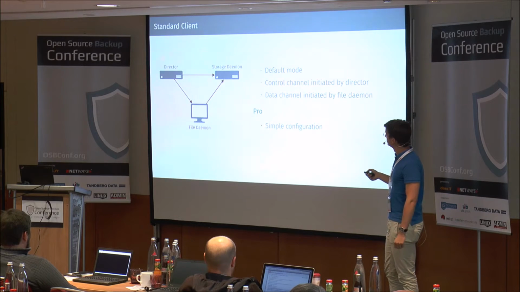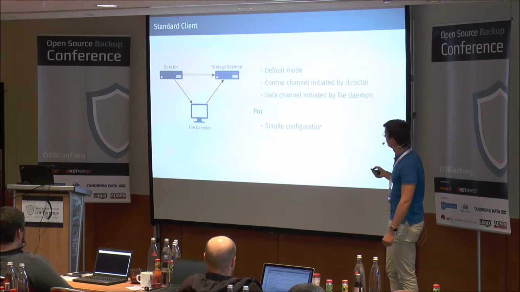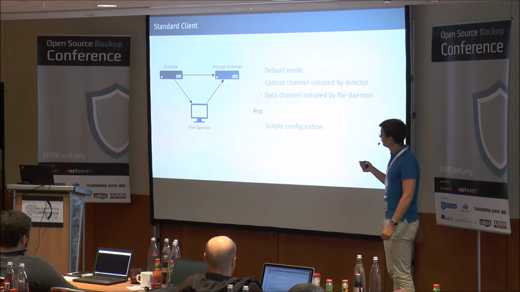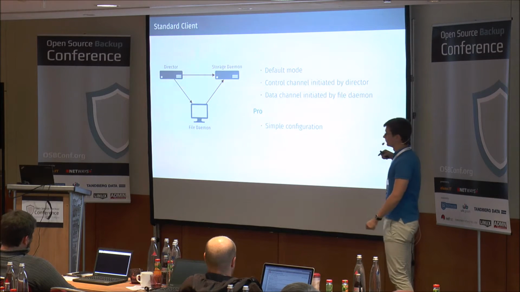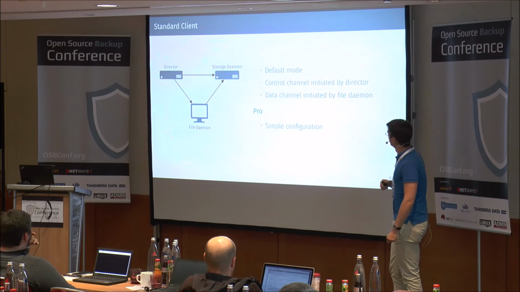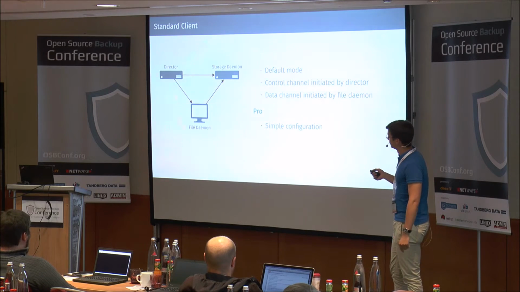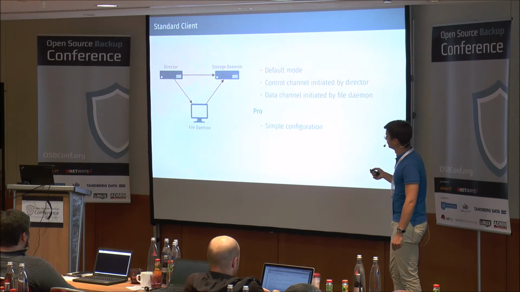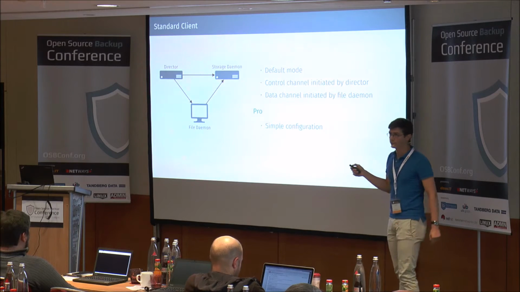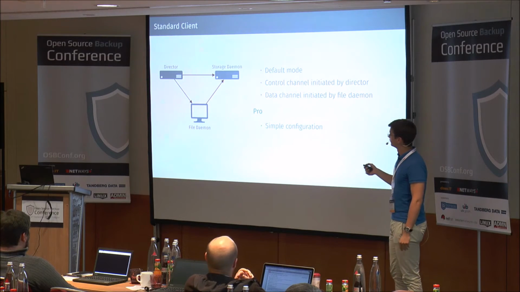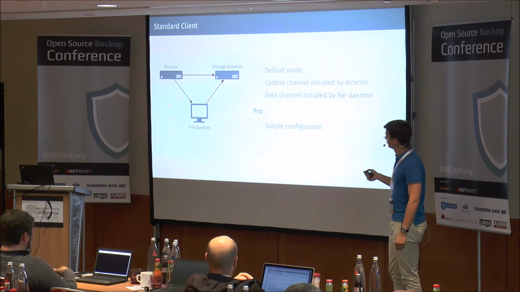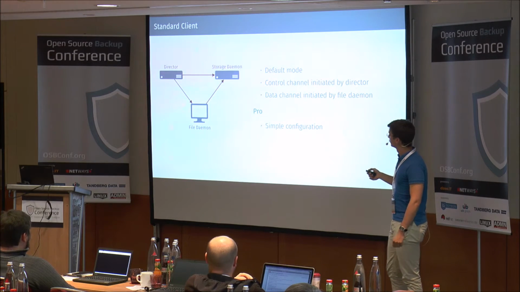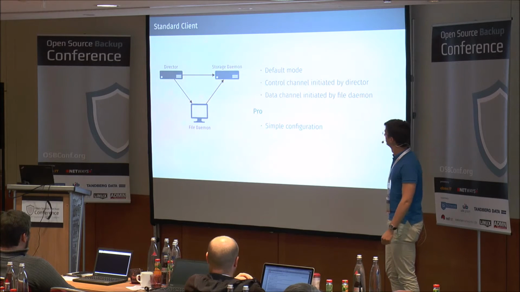So to send the data from the file daemon to the storage daemon, the file daemon initiates a connection to the storage daemon and pushes the data over this connection. With this connection, we don't need any port forwardings at the firewall, only it has to be allowed to open a connection from this local area network to the central server.